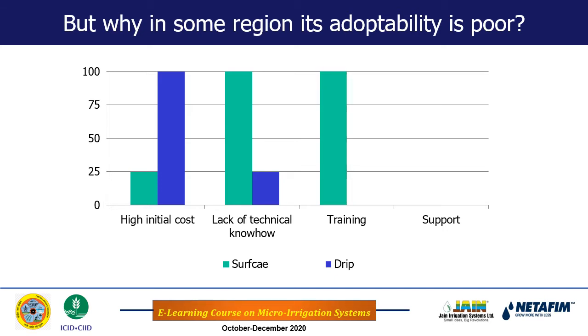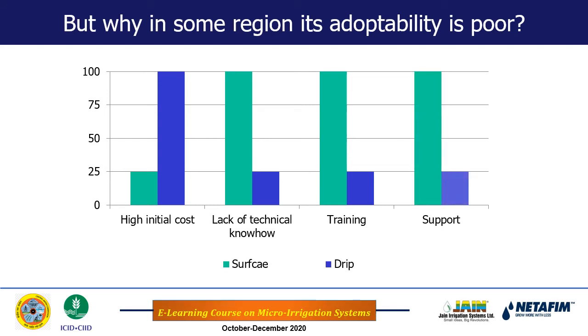Then training requirement. In case of the surface irrigation method, the farmers are 100% trained, but in case of the drip irrigation method, farmers are less trained, and therefore there is a need to organize training programs, not only at the practitioner and professional student level, but also for the farmers, to make them aware and make them expert for the adoption of the drip irrigation method or micro irrigation method.